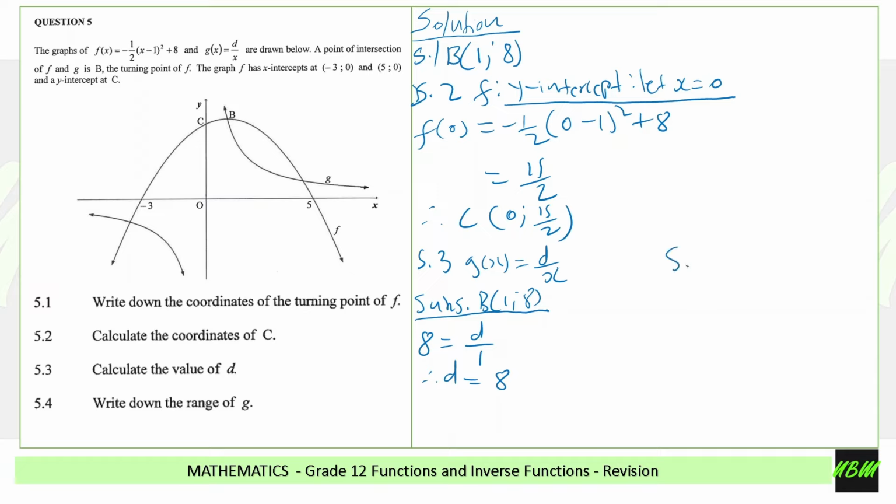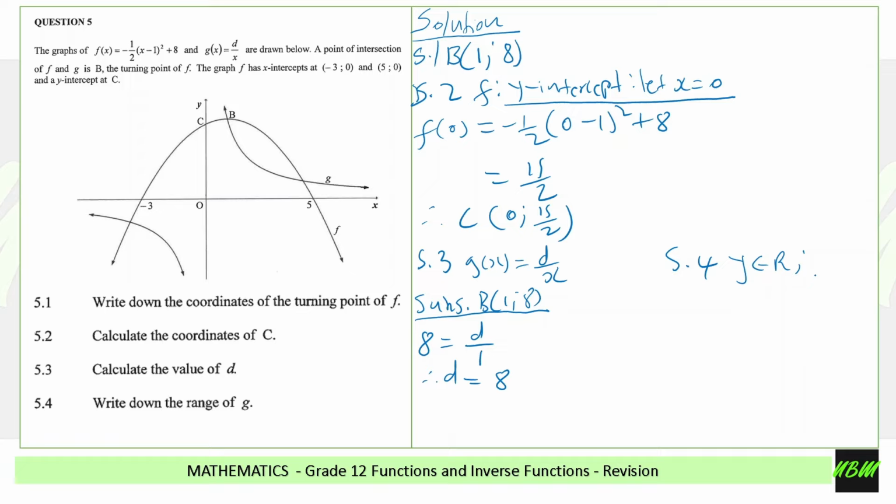Then question 5.4. We had to write down the range of g. The range, g is a hyperbola. Therefore, we know that our range will be all values of y, an element of real numbers, except the horizontal asymptote.